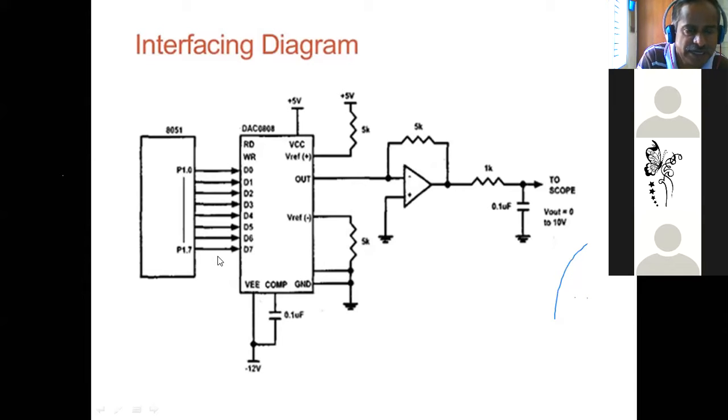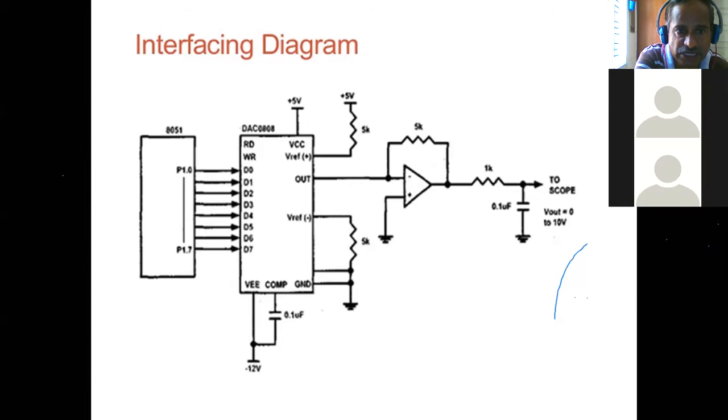This port 1 is used as an output port, which means a digital signal is supplied from the microcontroller, because processed data is available in the microcontroller. This processed digital data should be converted into an analog signal.